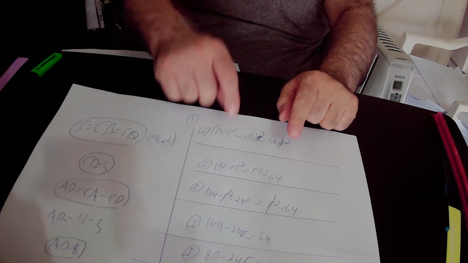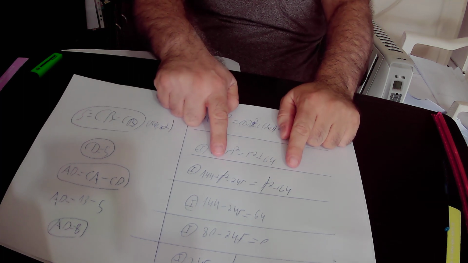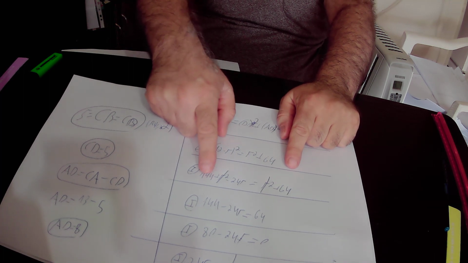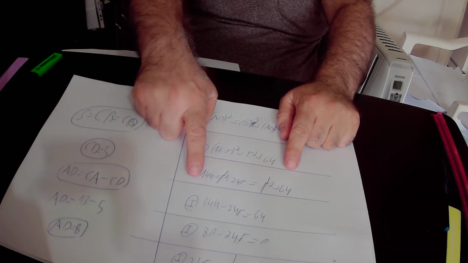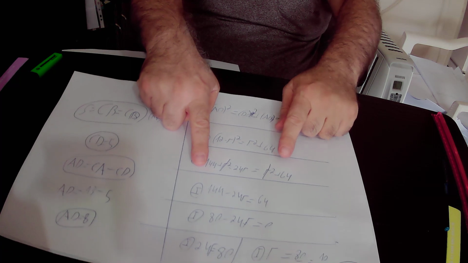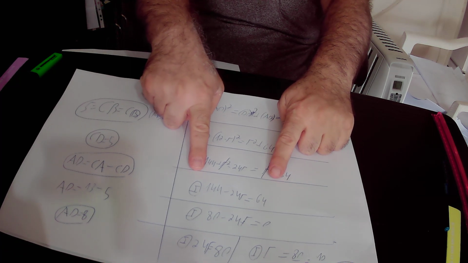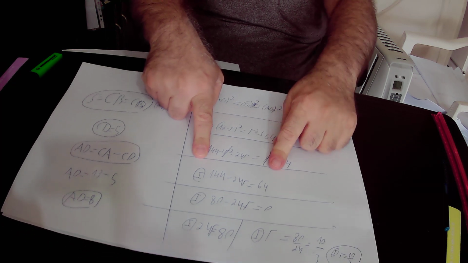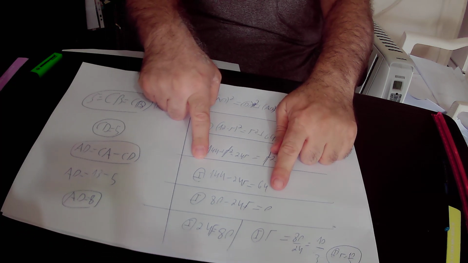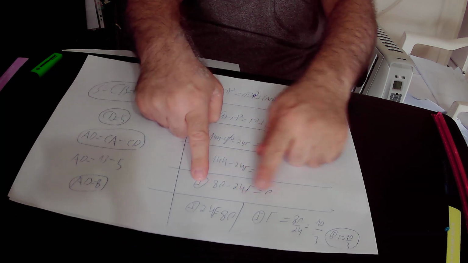We have R square on both sides, so R square will get cancelled, and we are left with 144 minus 24R equals 64. Here we subtracted 64 from the equation, and we got that 144 minus 64 is 80. So we got 80 minus 24R equals 0. We added 24R to the equation and we got that 24R equals 80.